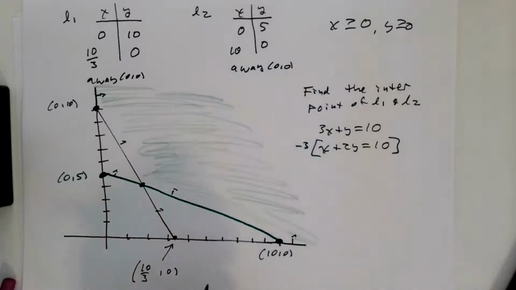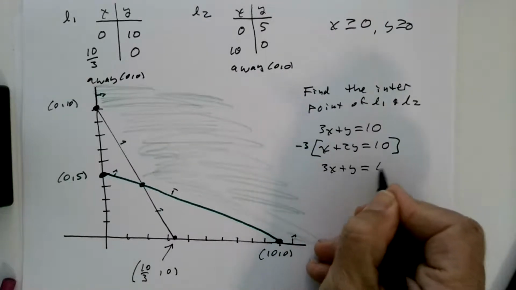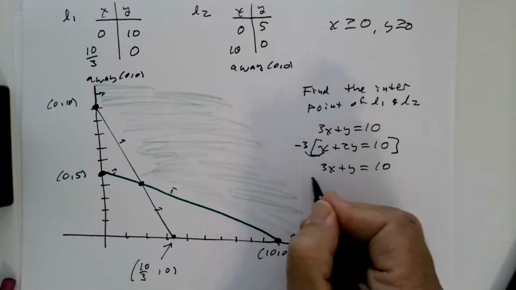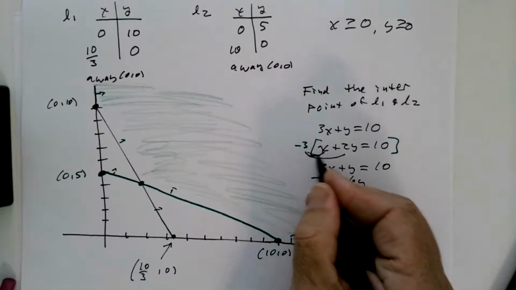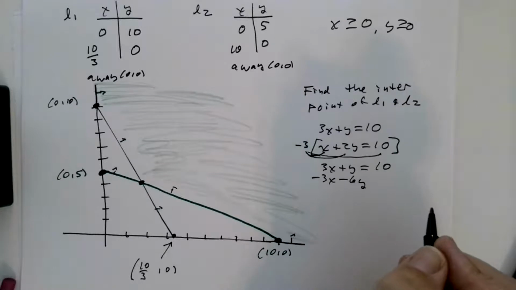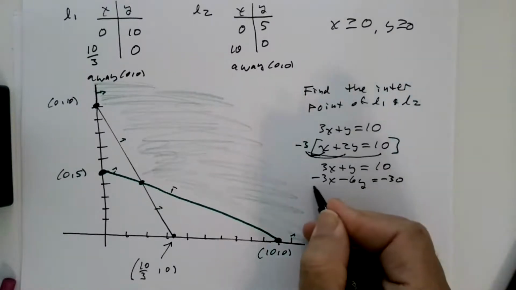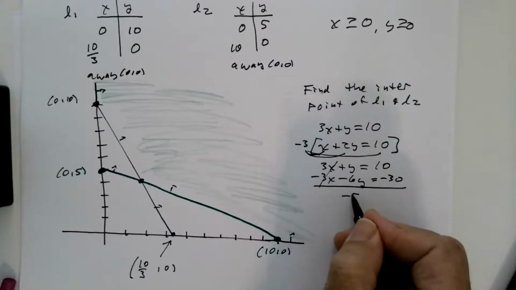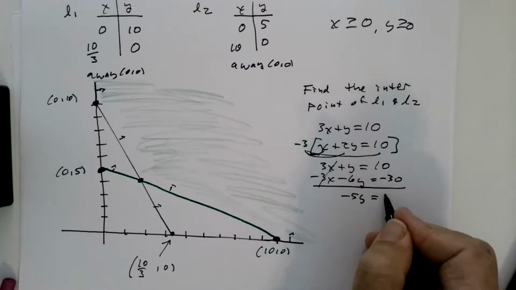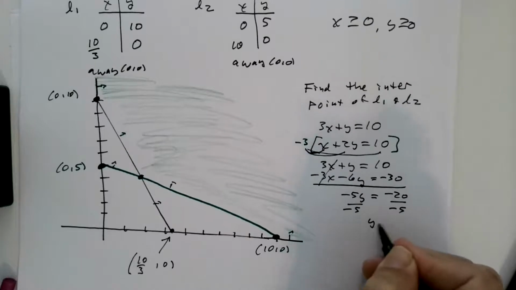That will enable me to solve for the y's. So the first equation hasn't changed, 3x plus y equals 10. Second equation, -3 times x, -3x. -3 times 2y, -6y. -3 times 10, -30. So you'll notice the x's go away, 1y minus 6y, -5y, 10 minus 30, -20. Divide by -5, y is 4.